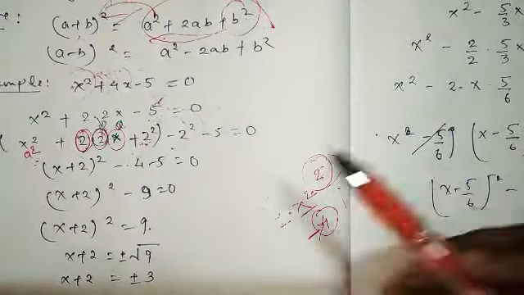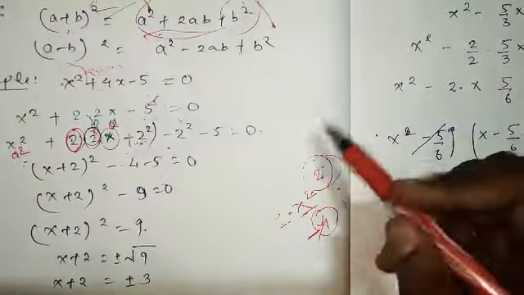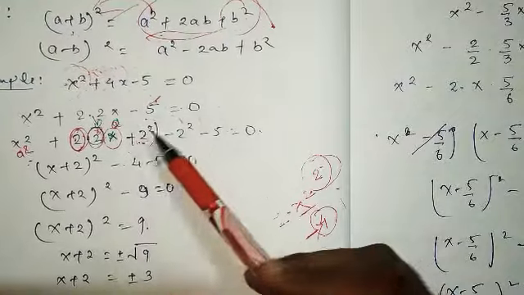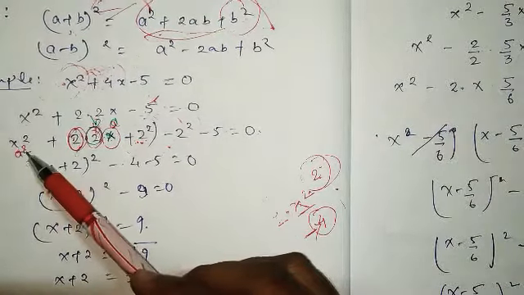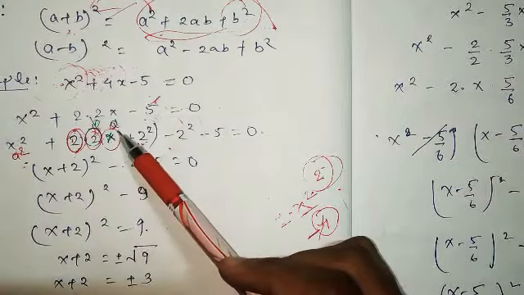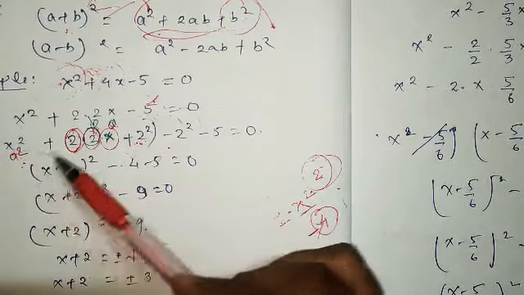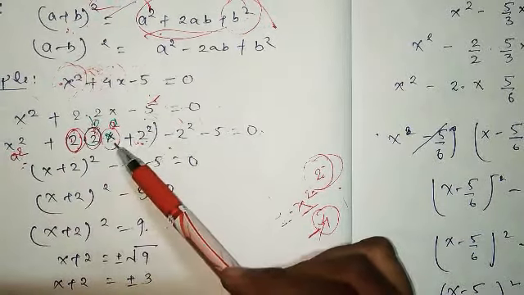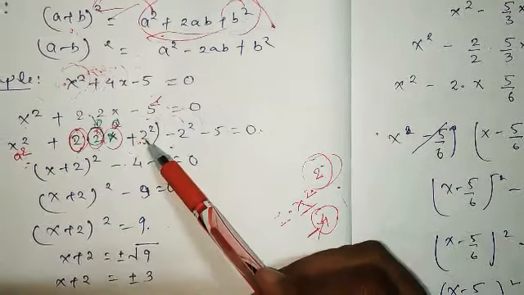Now half of our work has been done, because this is now the formula of a square, that is x square, plus 2ab, and this is b square.